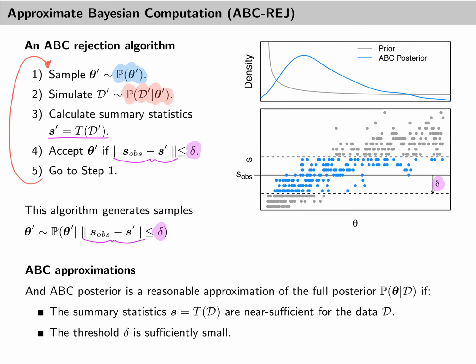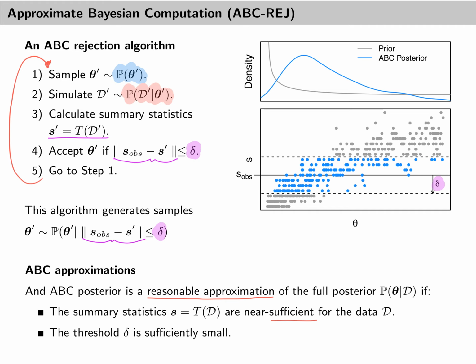Let us therefore reflect about the conditions under which an ABC approximation is actually a good approximation of the full posterior. It turns out that the ABC posterior is a reasonable approximation of the full posterior distribution if two things are fulfilled. First, the chosen summary statistics S are almost sufficient for the data regarding parameter theta.